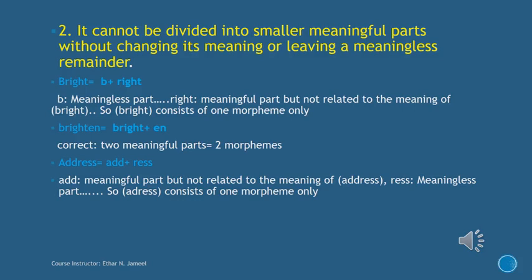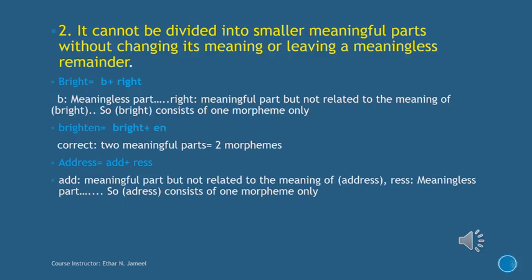Let's take another example, address. Address is a word that consists of one morpheme only. But let's prove that by applying the second criterion.